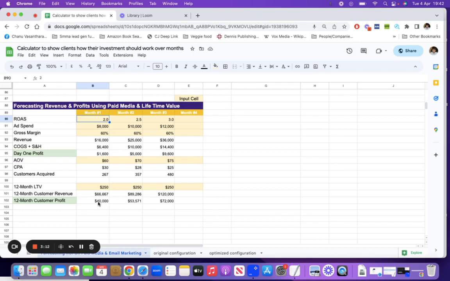Let's say you're happy with those results. You're going to spend a little more in terms of ad spend, and maybe you are riding an industry trend or a season where there's a lot of buzz around your product. So you decide to spend a little bit more money this month: 10,000.